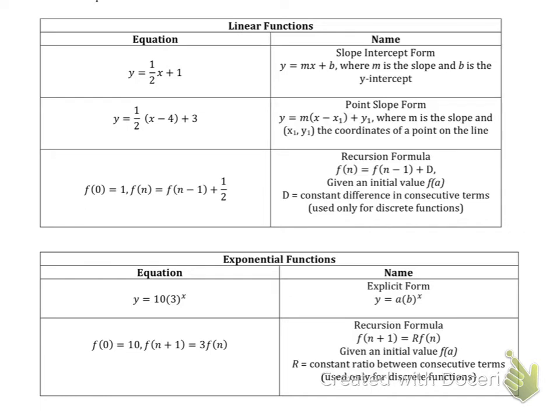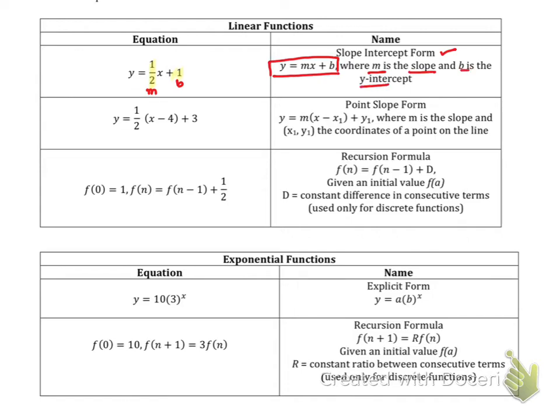If an equation is given as y equals half x plus 1, that is like y equals mx plus b, where m is half and b is 1. If it is given in that form, that's called slope intercept form. M is the slope and b is the y-intercept.